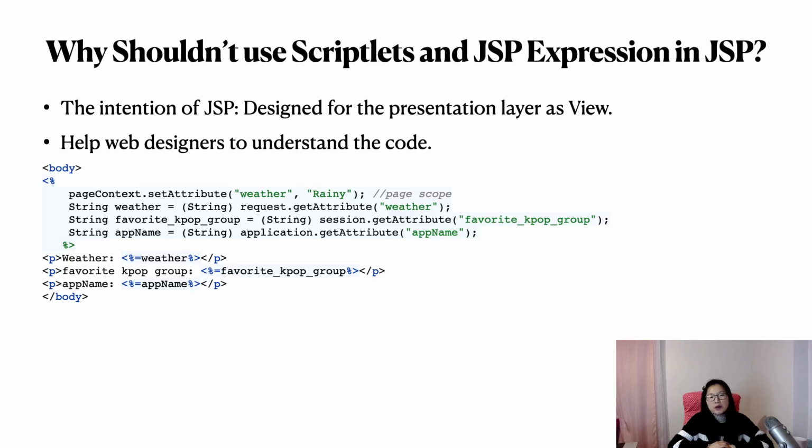At the beginning, when we learned servlets, if we wanted to send an HTML page back to the browser in the response object, we had to use the print writer or output stream to write all the HTML tags and the values and the content and the CSS, everything inside the doGet or doPost.